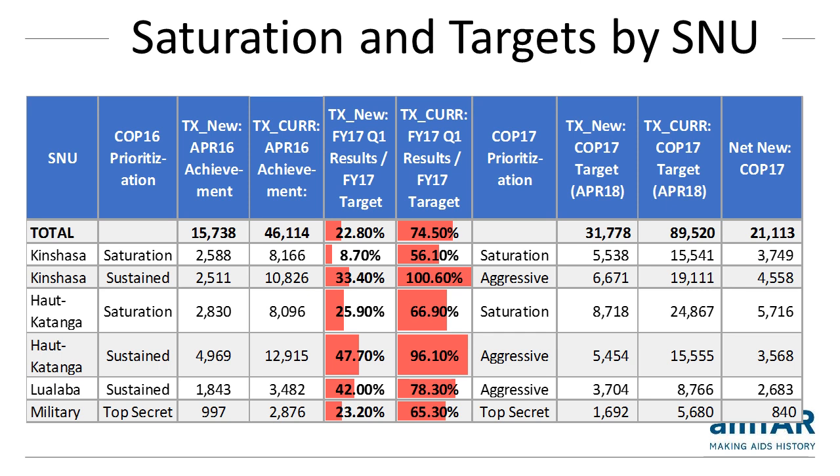The PMTCT indicators are something I wanted to cover, and there are a number of them. The way PEPFAR handles PMTCT is they look at PMTCT testing, PMTCT positive tests, and then the number of women who are put on treatment as part of the PMTCT program, and then the number of children who were tested within 12 months of being born.